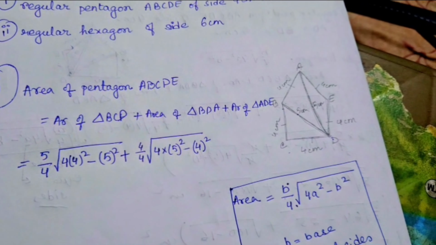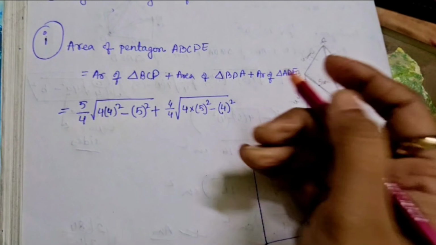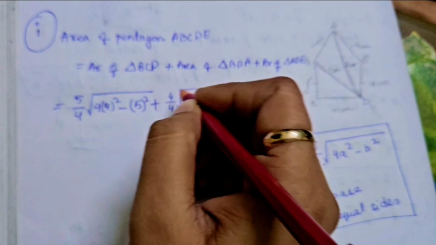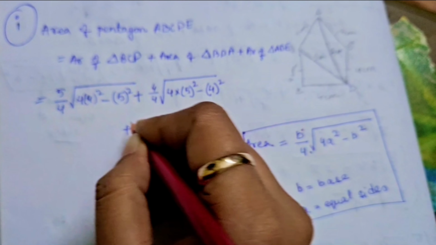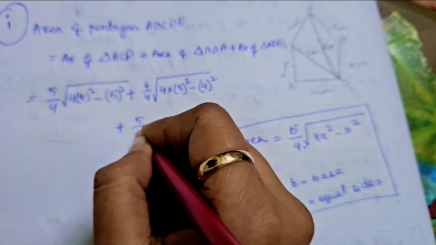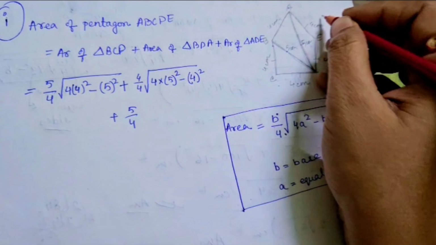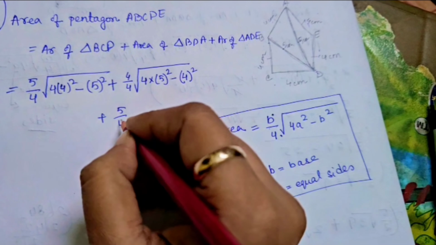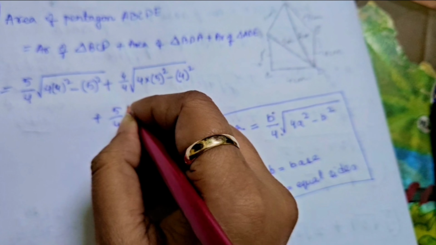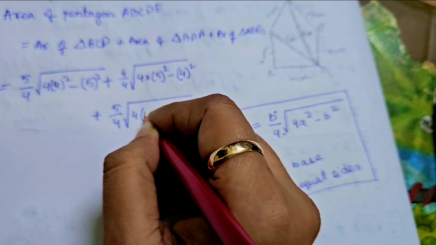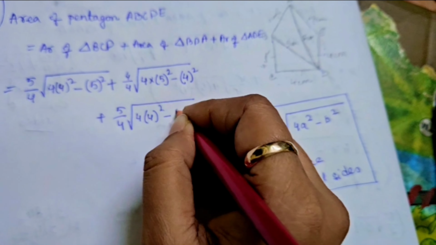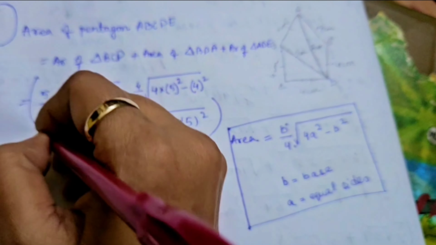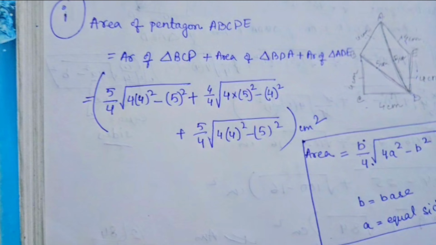And next, plus triangle ADE, where 4 cm, 4 cm are the equal sides and 5 is the base, so 5 by 4 root of 4 into 4 square minus 5 square. This full thing will be in centimeter square.